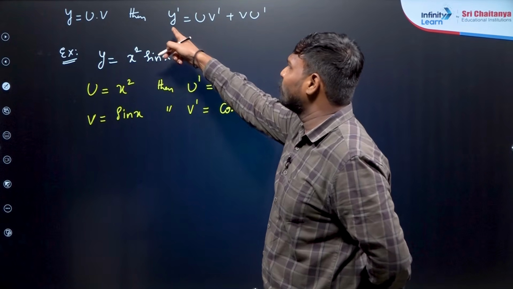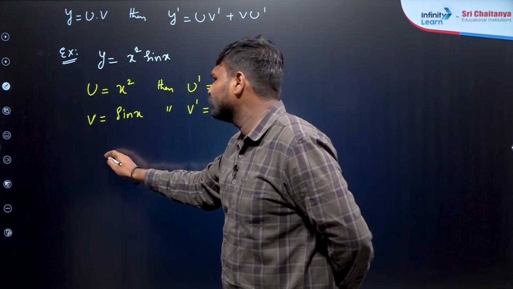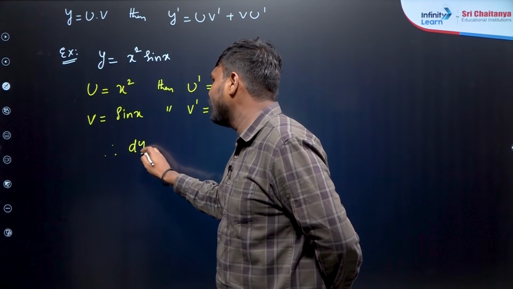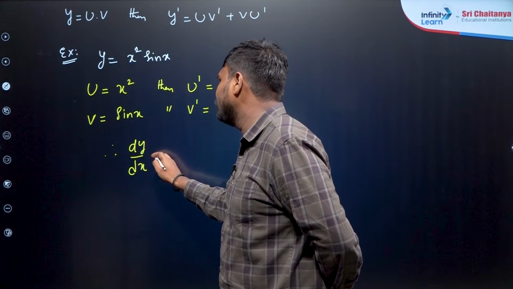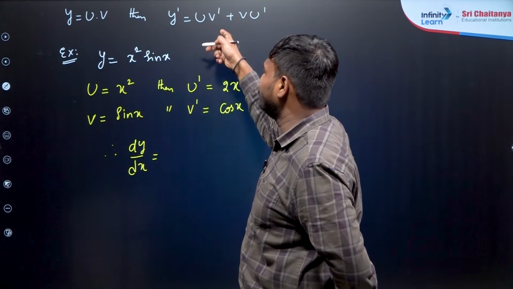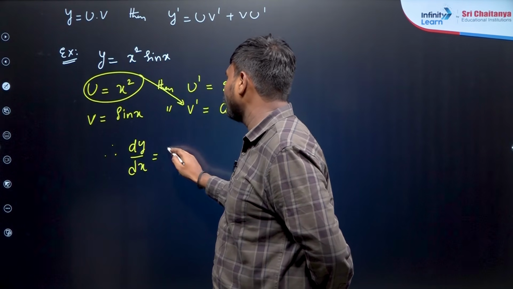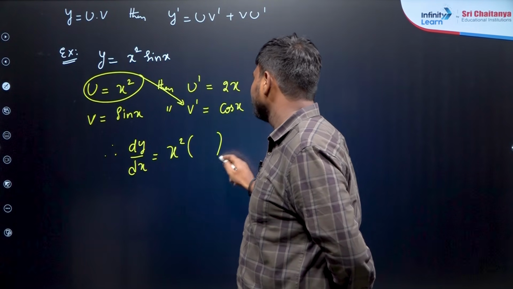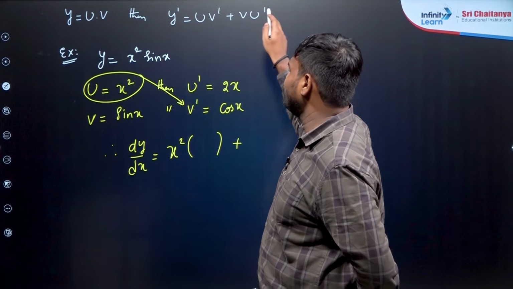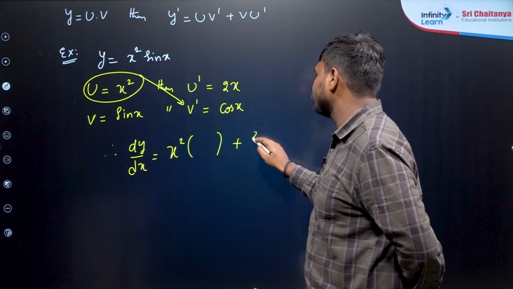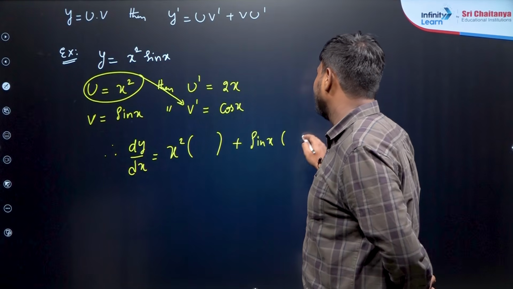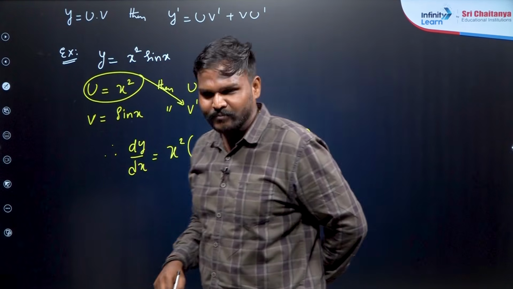Now what is the answer? y dash, that is dy by dx, is equal to u v dash, first function into derivative of second function, plus v u dash, second function into derivative of first function, right?